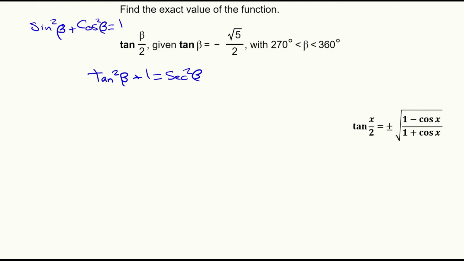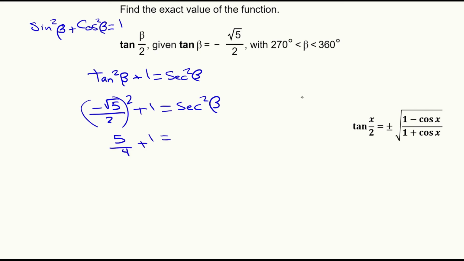So we have the following. We get negative square root of 5 over 2 squared plus 1 equals secant squared beta, and that's 5 over 4 plus 1 equals secant squared beta.